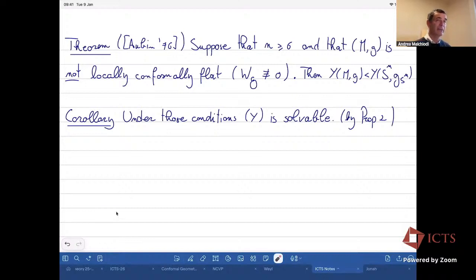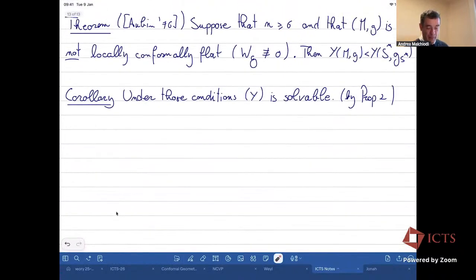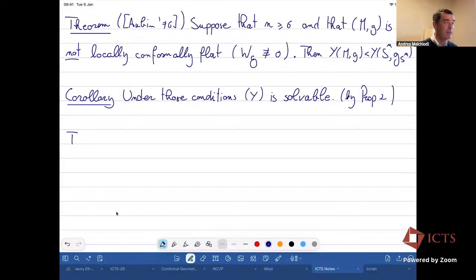So a sketch of the proof is in the notes that I can leave. Okay, let me just tell you briefly how this inequality is proved. There is a useful result. In the references that I gave, I quoted a paper by Lee and Parker.